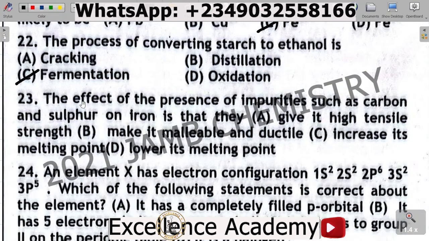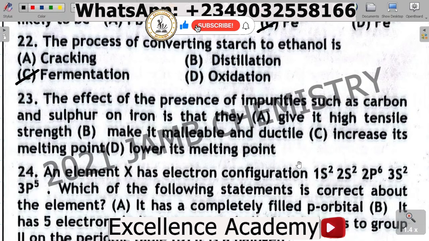Question 23. The effect of the presence of impurities such as carbon and sulfur on iron is that they A. Give it high tensile strength, B. Make it malleable and ductile, C. Increase its melting point, D. Lower its melting point.